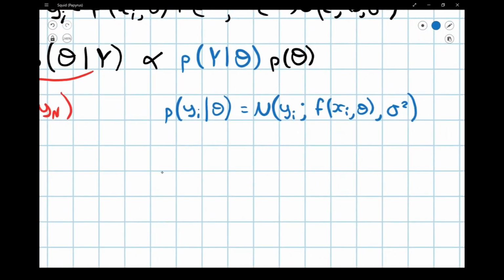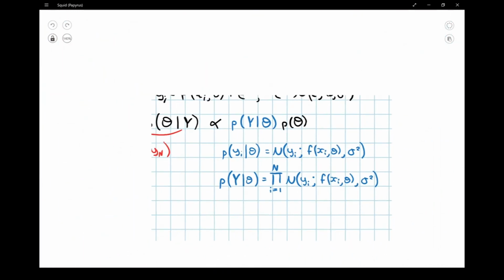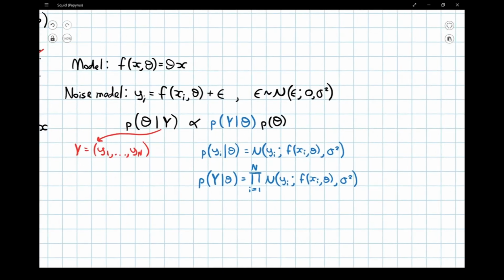So that means that the probability of seeing that entire set of measurements given theta is now just the product of all of these distributions over yi. So we can just directly go ahead and write that here. So now we have an expression for the likelihood.